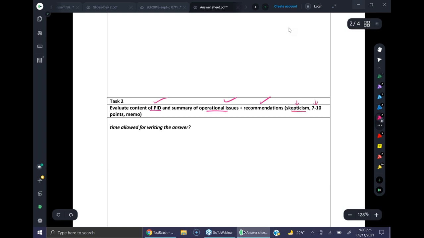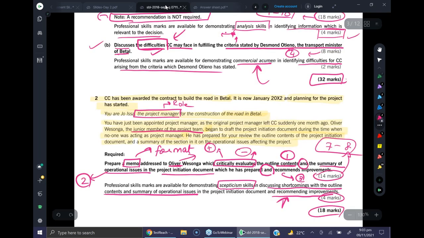I wrote 7 to 10 points because there's a lot you can actually talk about in this particular document, and the memorandum is the relevant format. Now there's one more thing you need to understand: you don't know what the PID is like. You'll have to read the exhibits where this project initiation document is actually given. So we'll have to wait to find it out. Or we can make a mind map or a summary quickly.